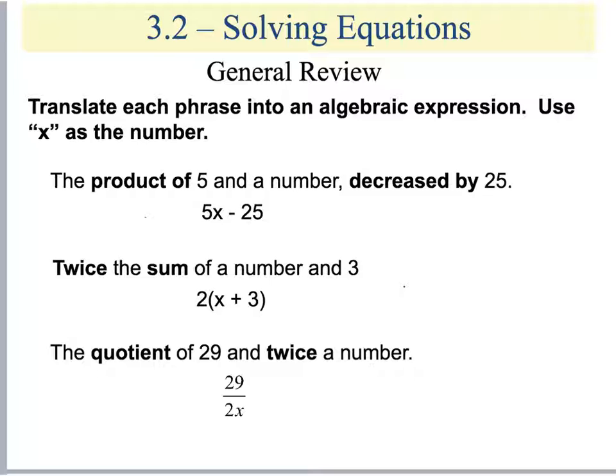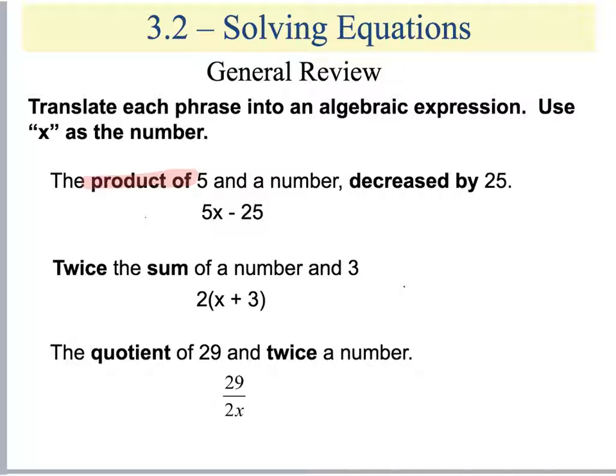The next one we're going to translate the phrases into algebraic expressions again, using x as the number. And if you'll notice, the last ones did not have coefficients. They simply had the variable and a constant. There was only one step that we needed to do for those. Now, we have a constant and a coefficient, which means that we're going to need two vocabulary words to describe what is going on in the expression.